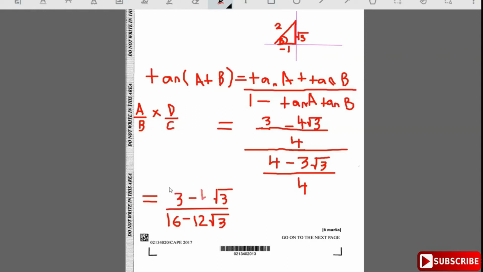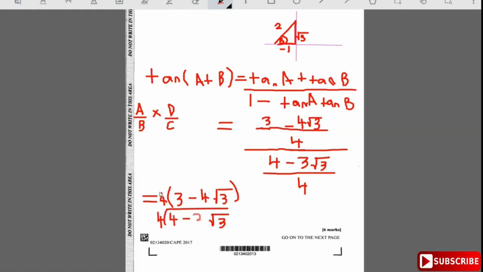And the same thing in the denominator, I can factor out 4, to get 4 minus 3 root 3.